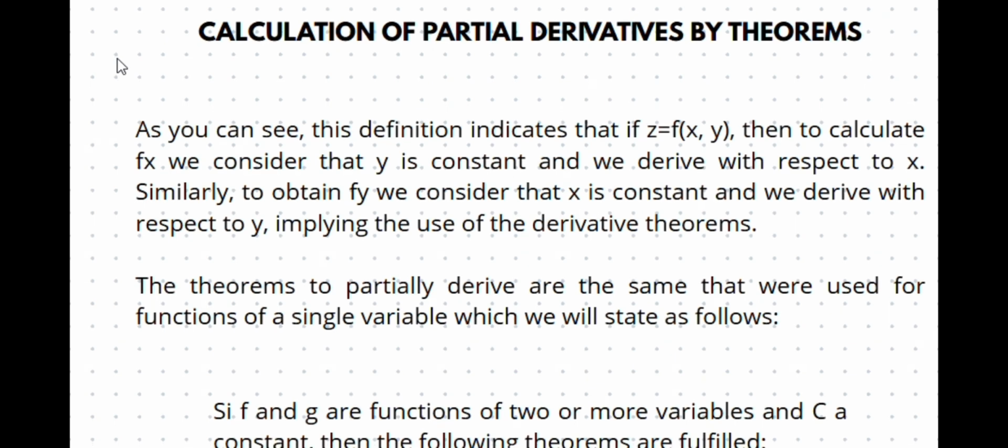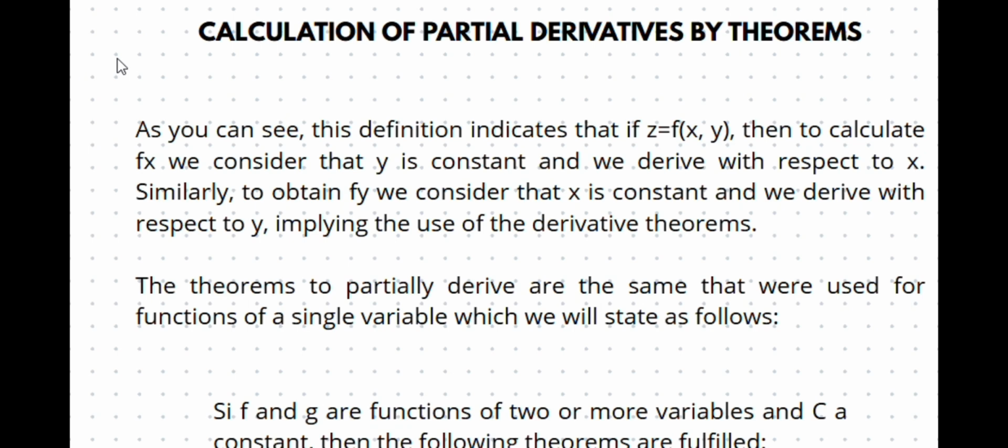As you can see, the definitions indicate that if z equals f(x, y), to calculate f_x, we consider y constant and we derive it with respect to x. Similarly, to calculate f_y, we consider that x is constant and we derive it with respect to y.